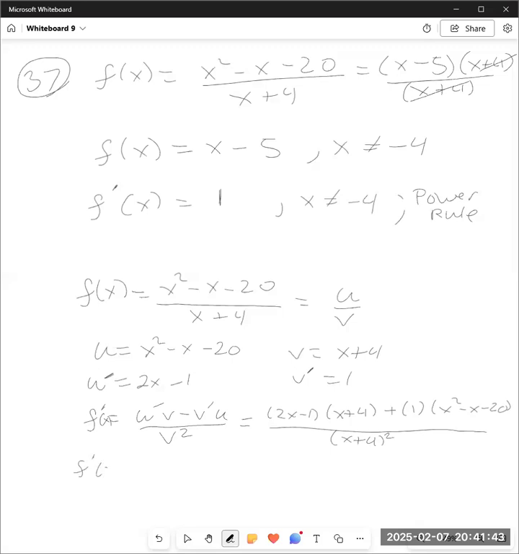F prime of x is equal to 2x squared plus 8x minus x minus 4 plus x squared minus x minus 20 over x plus 4 squared.